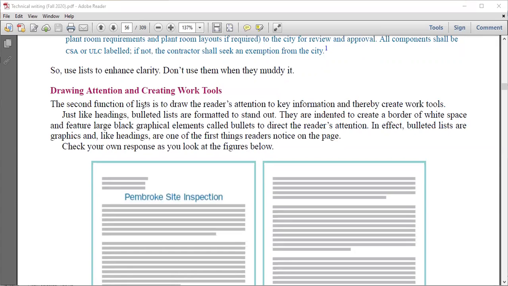Okay, the second function of a list is to draw the reader's attention to key information and thereby create work tools. Just like headings, bulleted lists are formatted to stand out. Any information which you want the reader to read or pay attention to, you use bulleted lists for that, right?